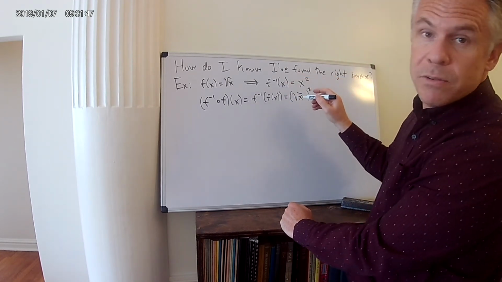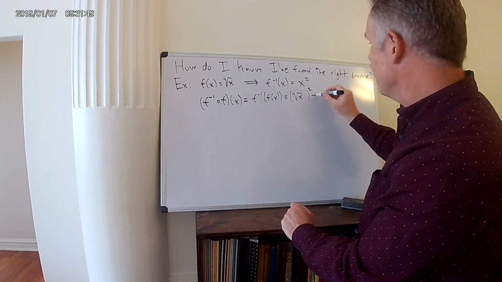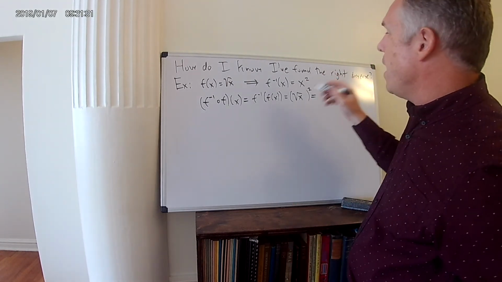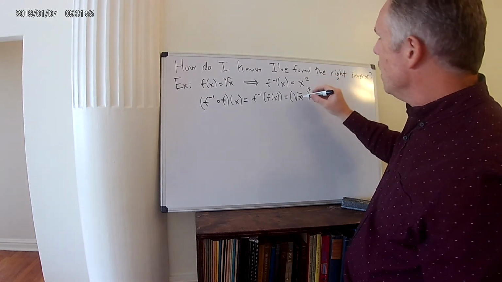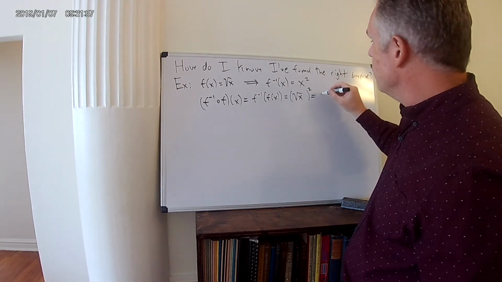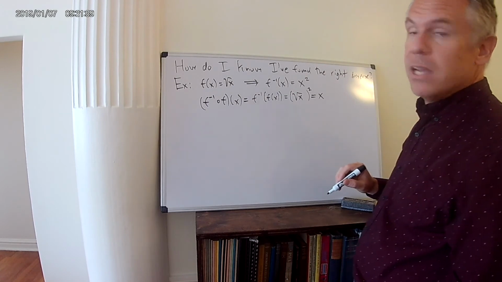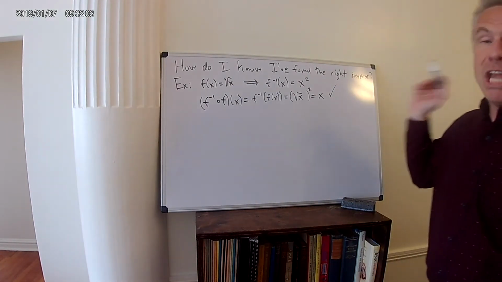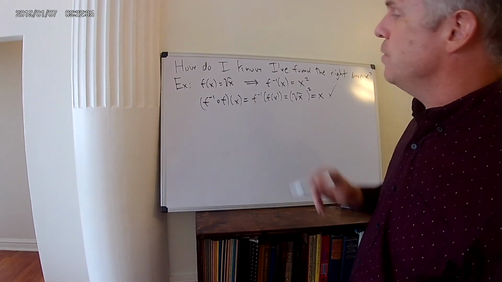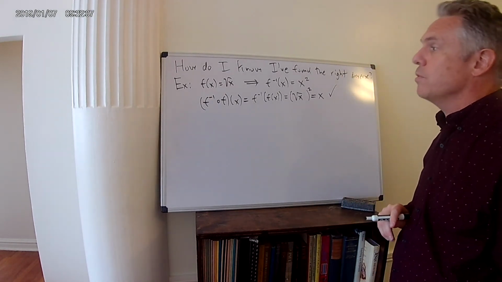I'm taking the square root of x as an input into the squaring function x squared. If you square something that's a square root, you just get x, right? You get the thing itself, and now I can put a big check mark, because I have proven this is the correct inverse function.